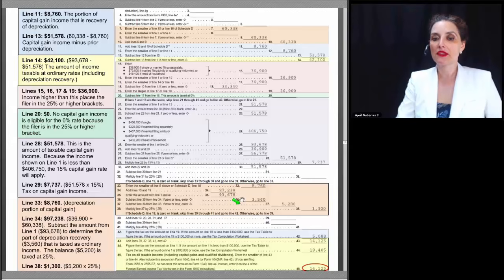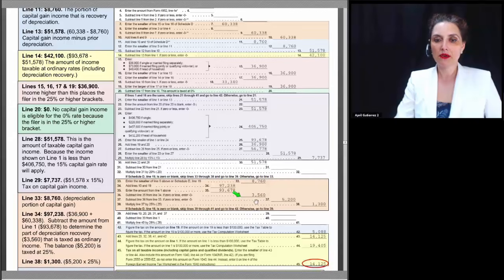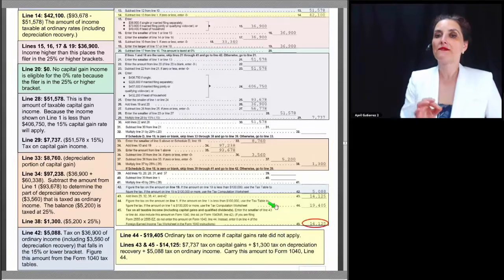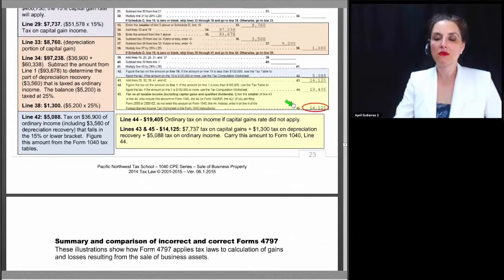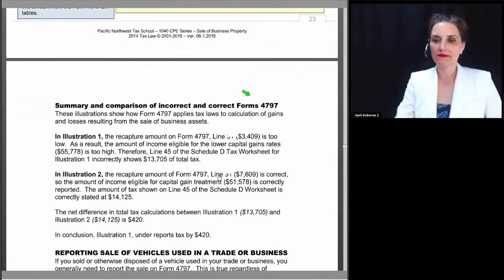But this time around, the number is much smaller, and ultimately we're left with $5,200 instead of $7,760. And so the tax has gone from $250 on line 38 up to $1,300. But we also have more income that's shifted over to ordinary income in general. So when we're all said and done with figuring the amount of tax owed on this individual's 1040 return, we can see that the tax has gone to $14,125, which is more than it was in the earlier illustration.